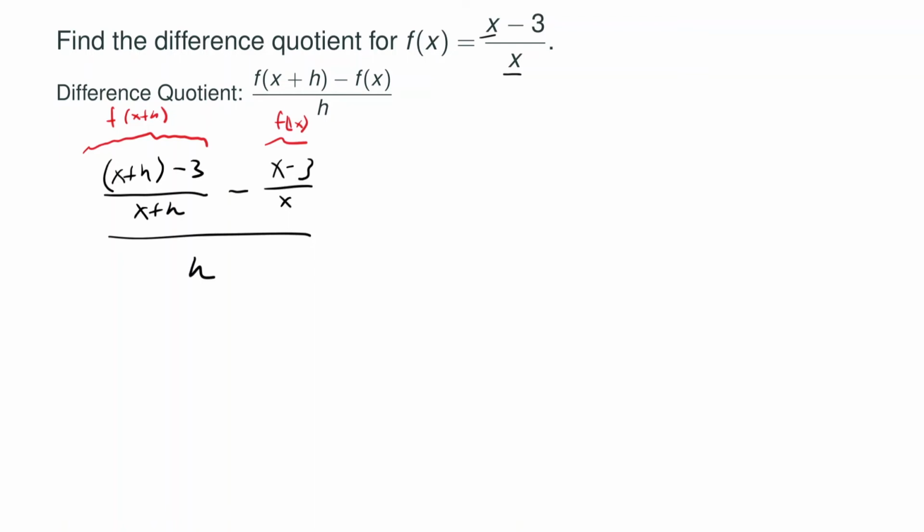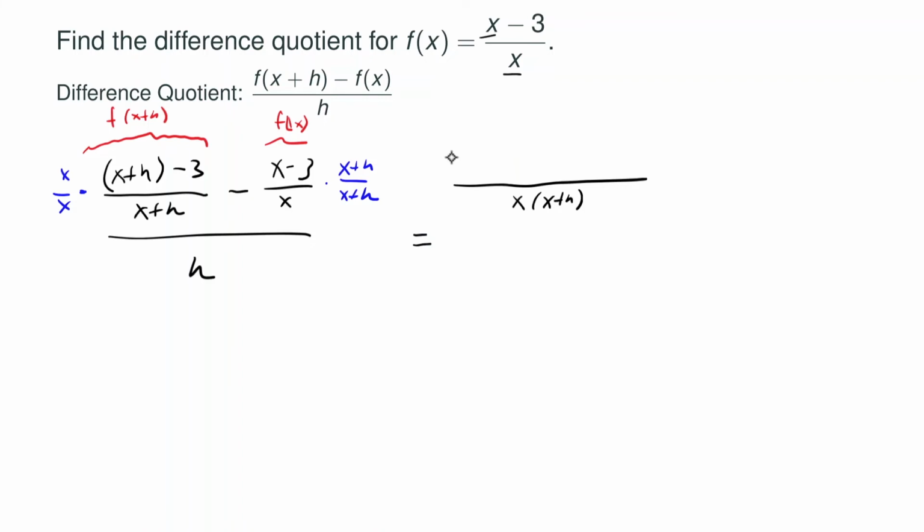Now in order to simplify this, first we have to simplify the numerator. We have to have a common denominator. So on the top, we multiply x over x. Here we multiply x plus h over x plus h, so that we have a common denominator of x times x plus h.